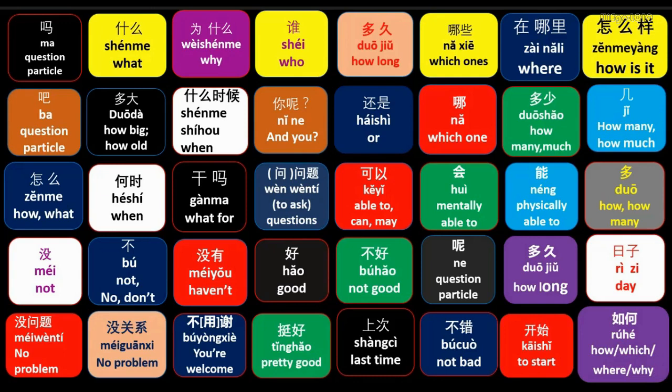It is used differently from 没, which means not or negates some stuff. For example, when we say 没问题, we don't say 不问题. No, we don't do that. We use 没. So sometimes when somebody just said, I'm very sorry about that, you can say, no problem, 没问题.